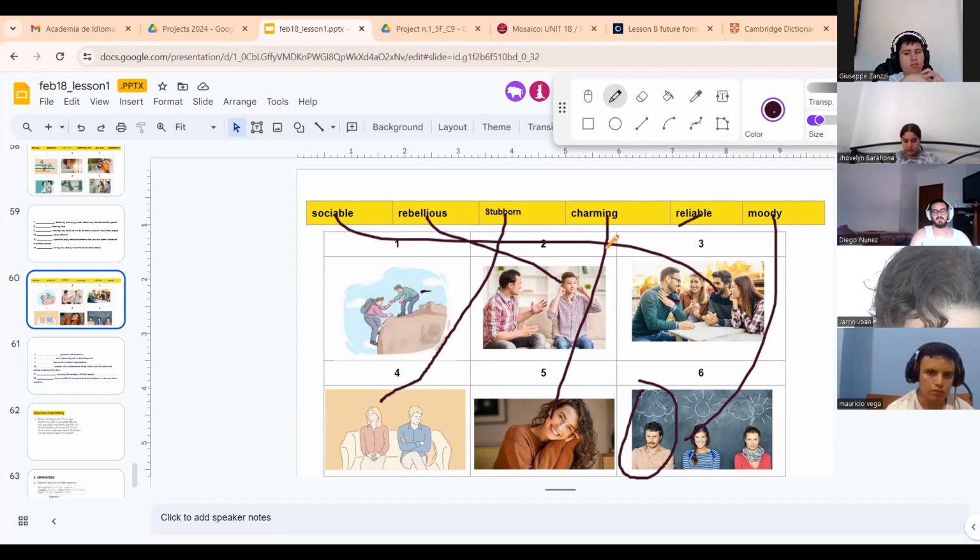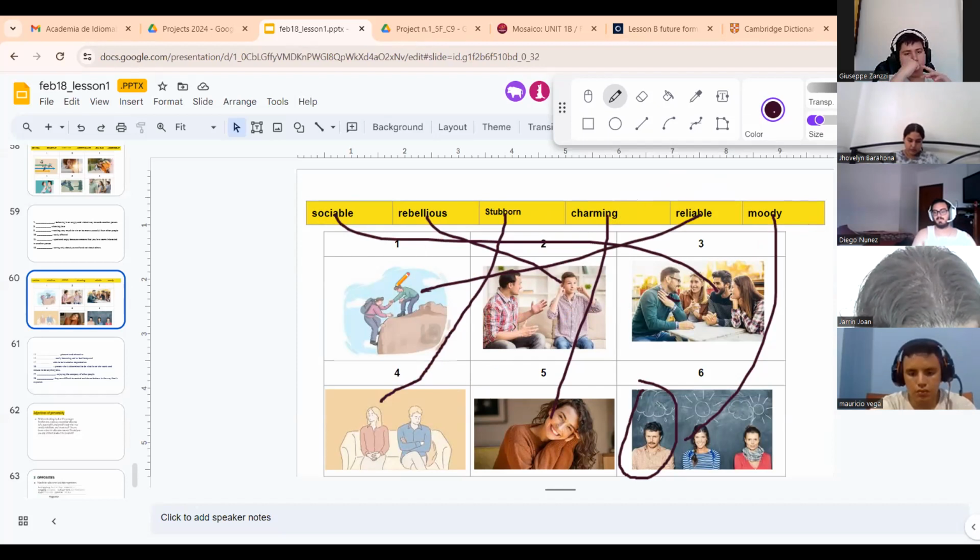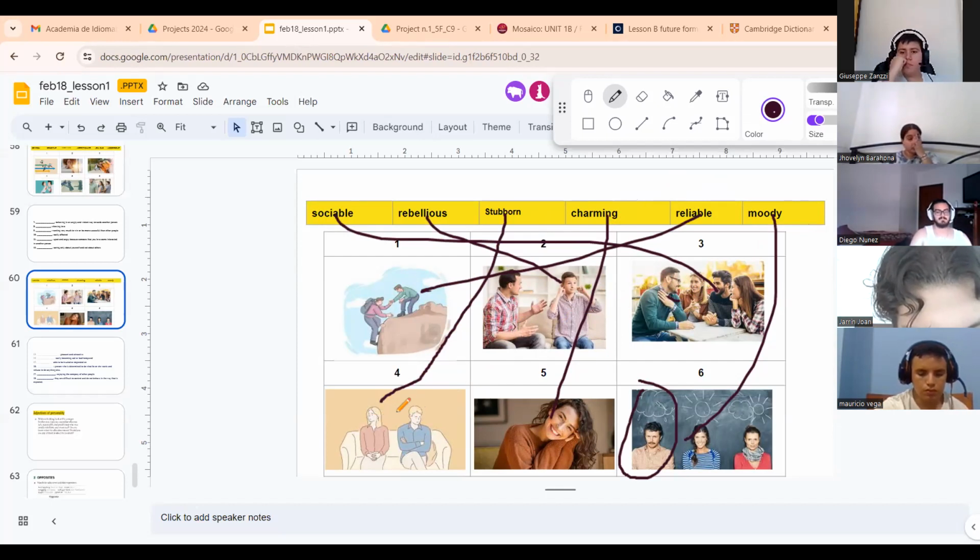Picture 1, reliable. You can trust in people. In picture 4, it seems like she's in a bad mood. She doesn't listen to what he says. That's why the relationship is declining.